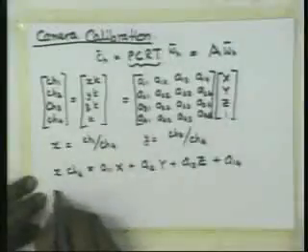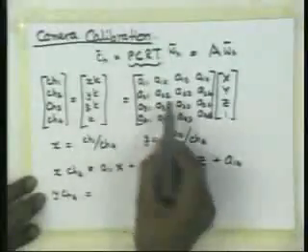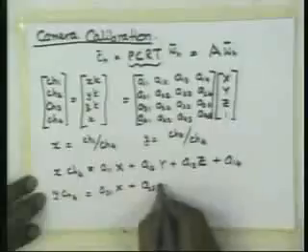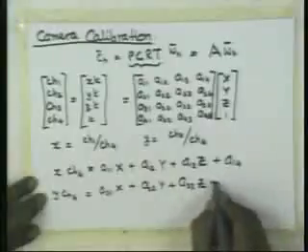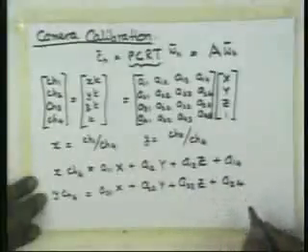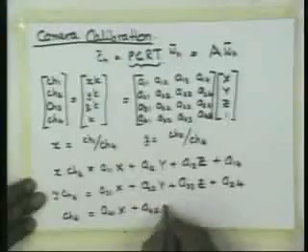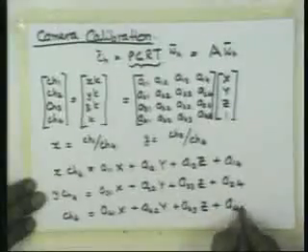Similarly, y times CH4 is equal to the second row, which is A21x plus A22y plus A23z plus A24. The third row I am going to ignore, that is not significant. I will look at the fourth row though. So CH4 is given as A41x plus A42y plus A43z plus A44.